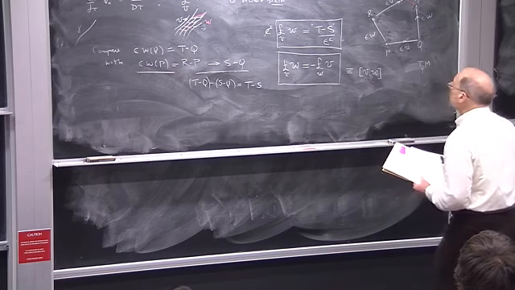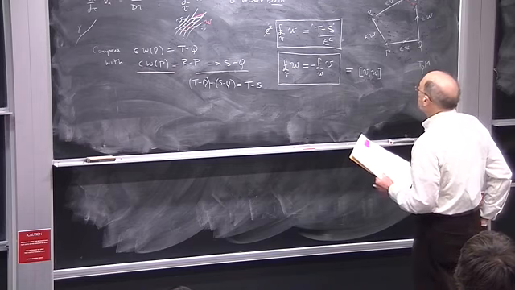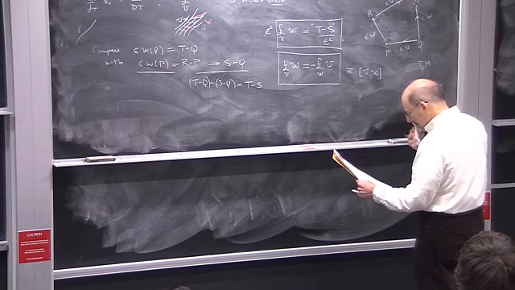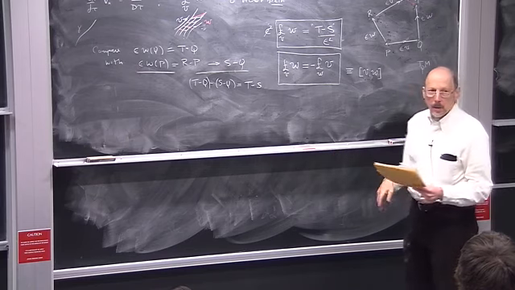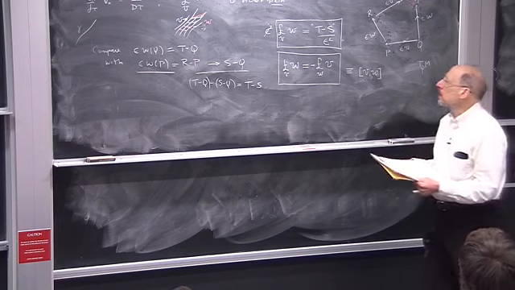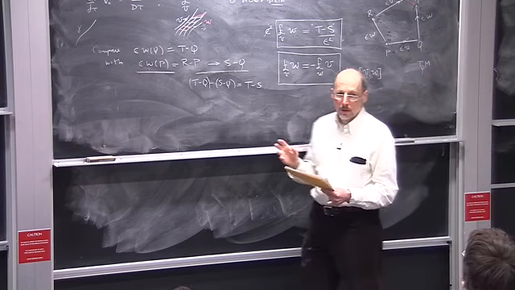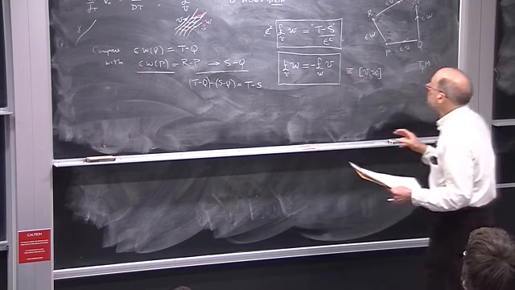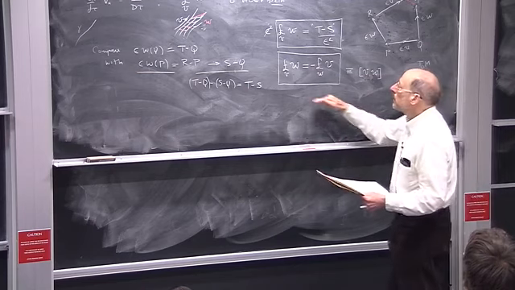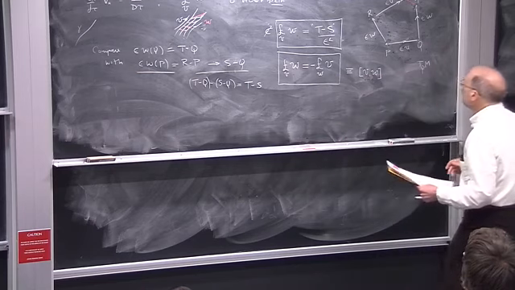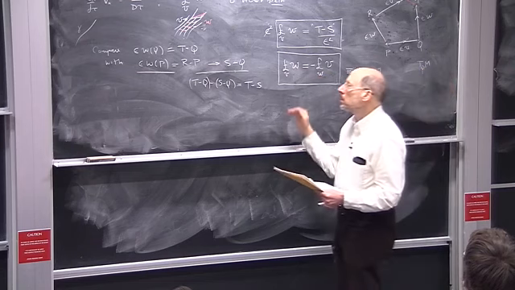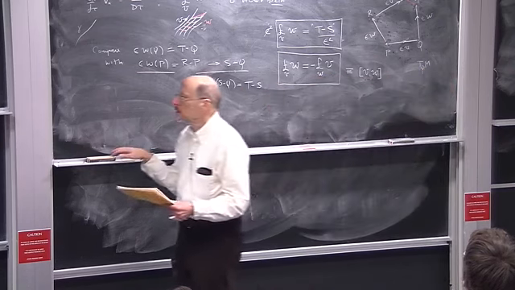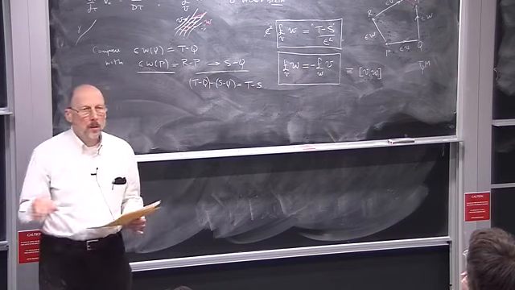So that means I could write a formula without introducing the metric. I will in a second. But in order to do that, I would need a chart, because in order to write down partial derivatives and so on, I would need a chart. However, if I'm willing to introduce a metric, and since we do have a metric in general relativity, I can actually write this Lie derivative in terms of the covariant derivative, and then I don't need to refer to a chart.